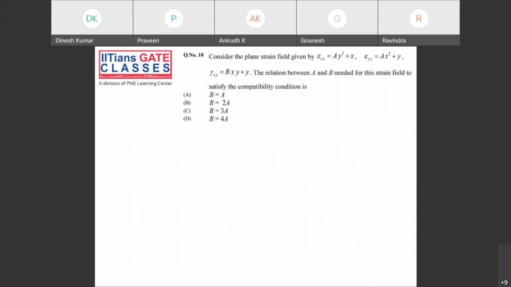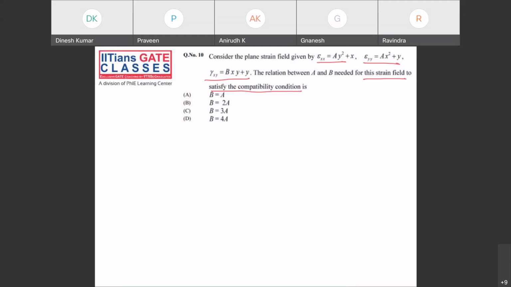Now the next question is from the compatibility equation. What is given? Consider the plane strain field given by epsilon xx, epsilon yy, and gamma xy. The relation between A and B needed for this strain field to satisfy the compatibility condition is.